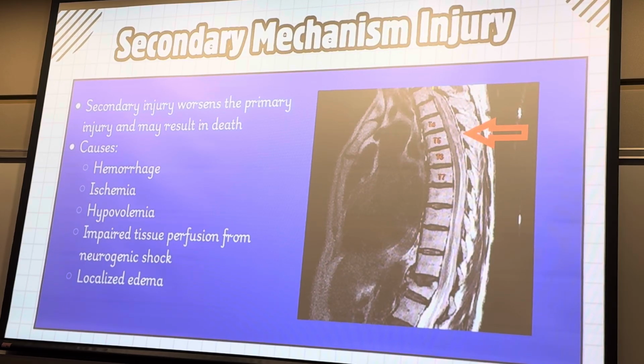So things like a hemorrhage, ischemia, anything that causes perfusion issues to that spinal column and to that spinal cord, that's going to cause issues as a result of that primary injury. Once I have that ischemia and I have that nerve death, then I'm going to start to lose my sensory perception, my ability to walk, maybe my ability to breathe, maybe the ability to move my arms.